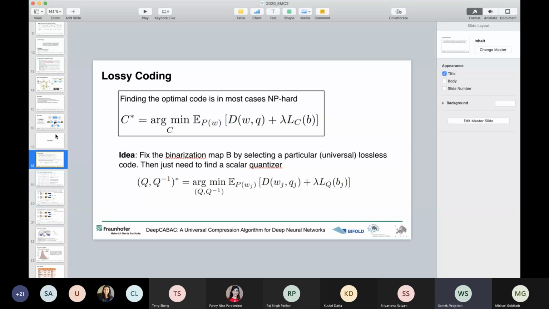Okay, so how does it work? As I said, if starting from this source coding view, you want to find an optimal code, but unfortunately, this is in most cases NP hard. So what you could do is you could say, okay, I just fix a binarization map and just want to find some optimal quantizer.